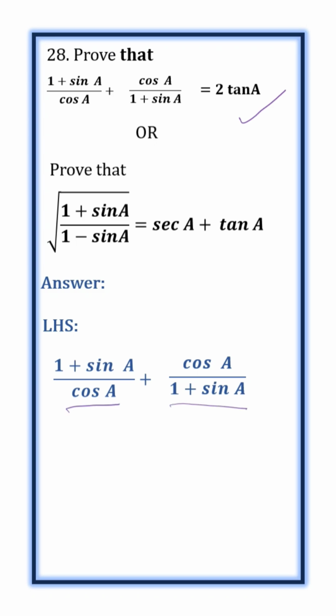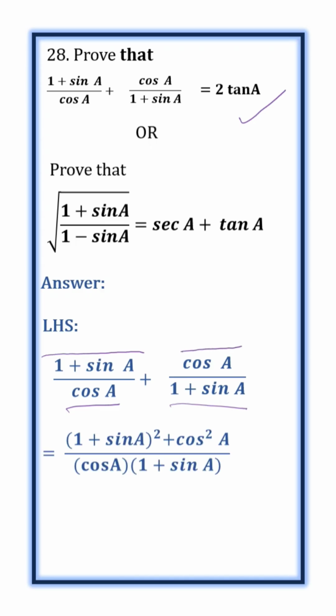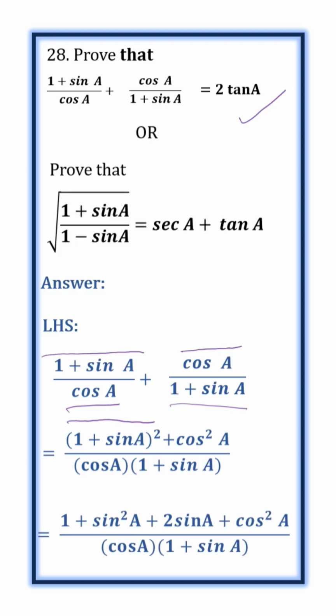Here (1 plus sin A) the whole square plus cos square A. Now let us expand this one by using the formula (A plus B) the whole square. Here A is 1, B is sin A. So 1 square is 1 plus sin square A plus 2 sin A plus cos square A.